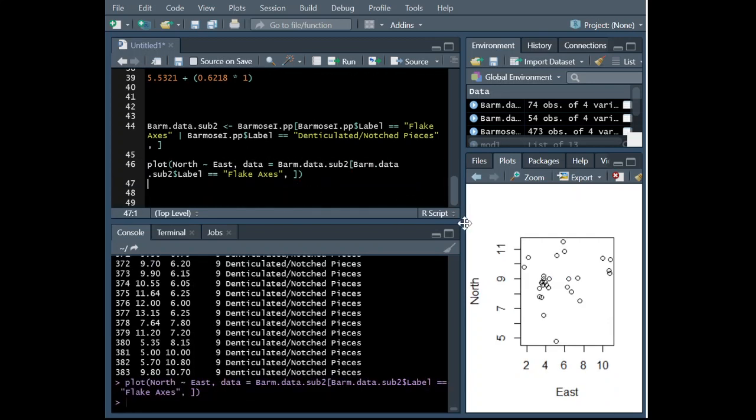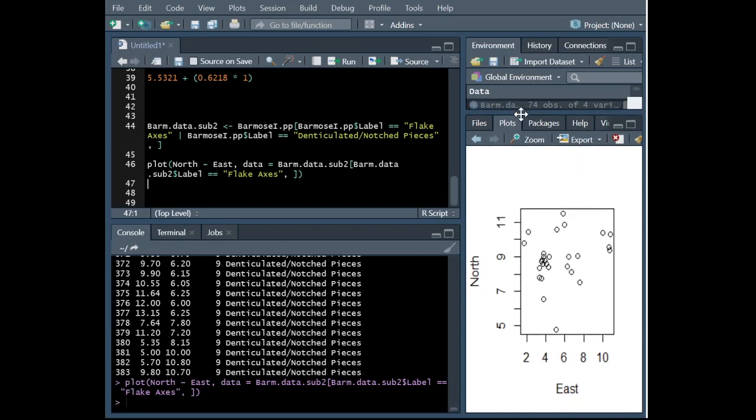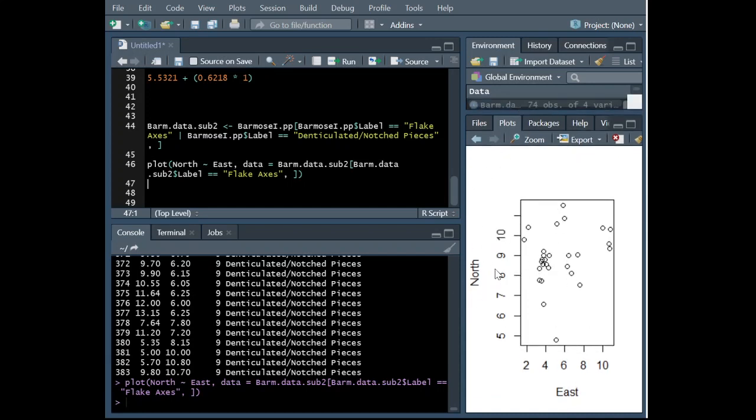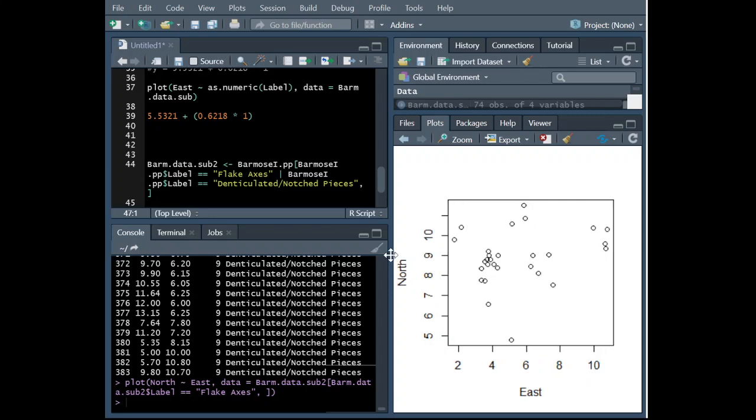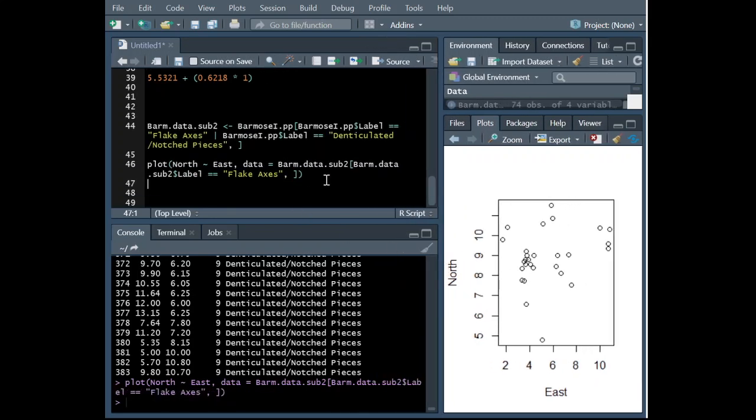So if we plot this, we end up with another nice kind of map of the northing and easting coordinates for these artifacts. And so now let's plot, this time, the points. I'll copy the plot function, but I'll change the plot function to the points function and change flake axes to denticulated / notched pieces.